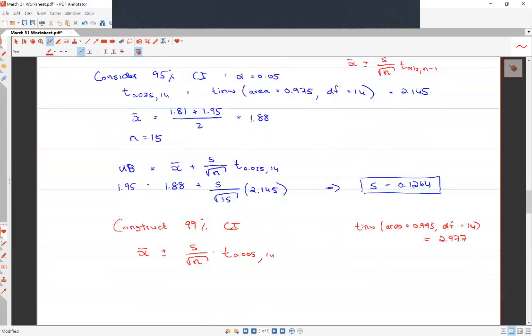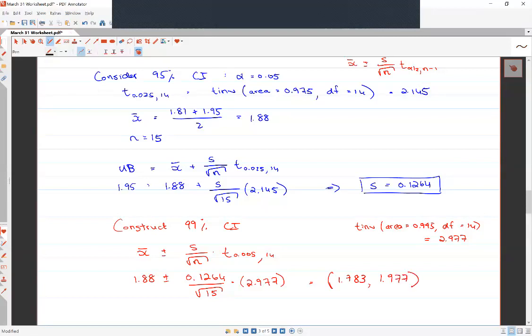If we now substitute in all the information we have, we get a 99% confidence interval that spans the range of values 1.783 through 1.977.